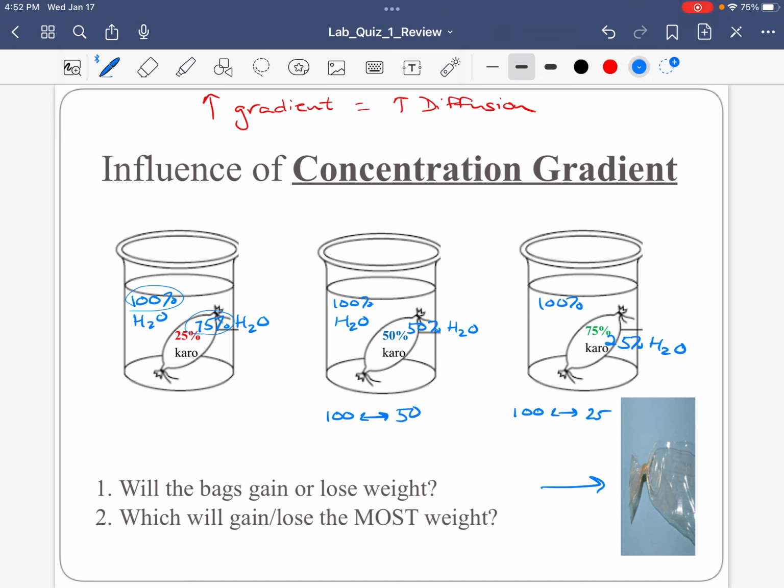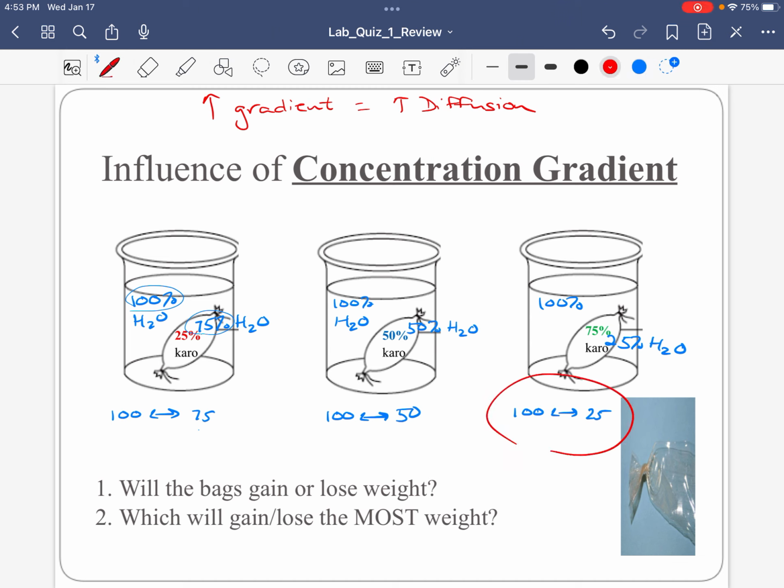It's always better when we're in person, but here are our gradients. 100 to 75, 100 to 50, and 100 to 25. Which has the biggest gradient? Well, obviously, the biggest gradient is this one.